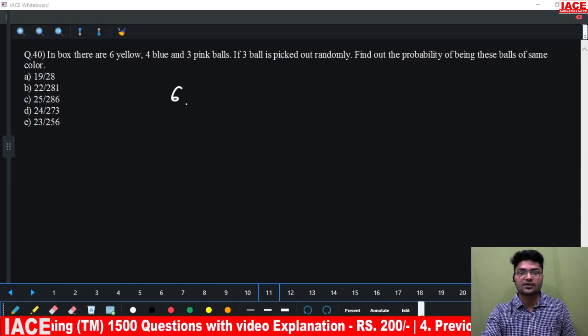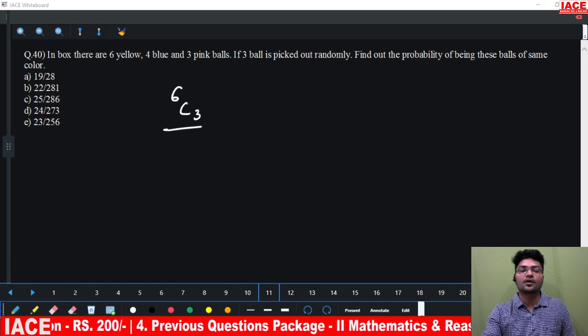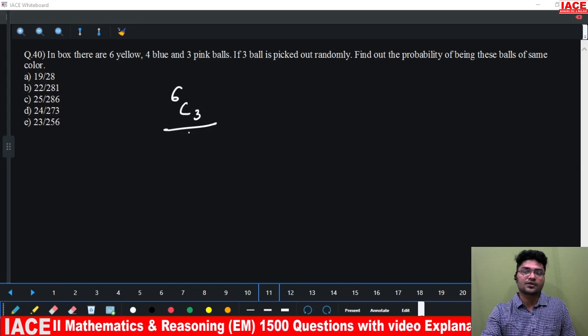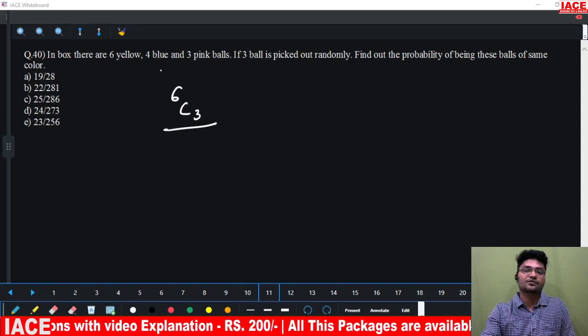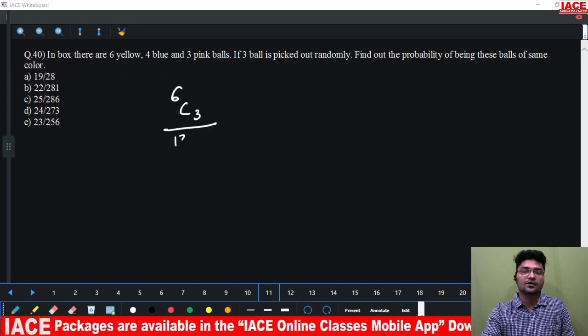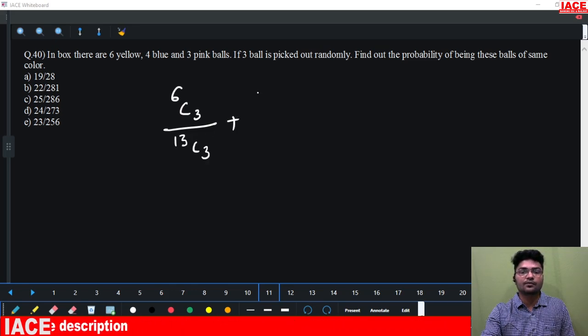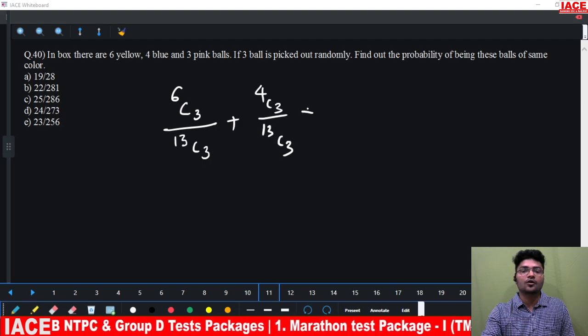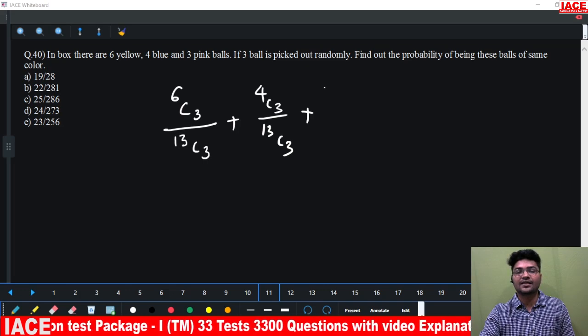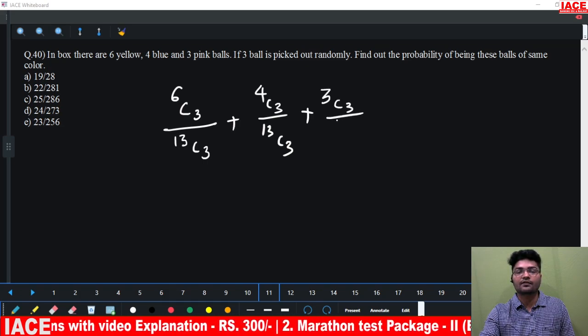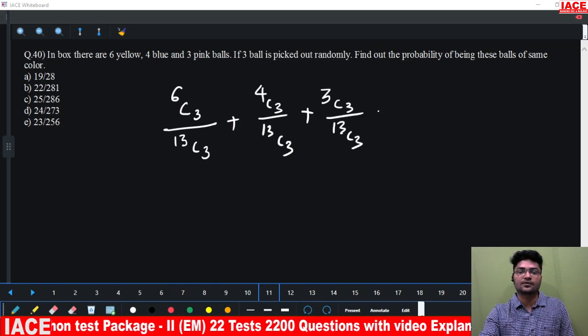Out of these 6, I have to pick 3 yellow. The total outcomes are 6 plus 4 plus 3, that is 13, out of which I am picking 3 balls. Or I'll pick 3 blue balls, so 4C3 divided by 13C3. Or I'll pick 3 pink balls, so 3C3 divided by 13C3.